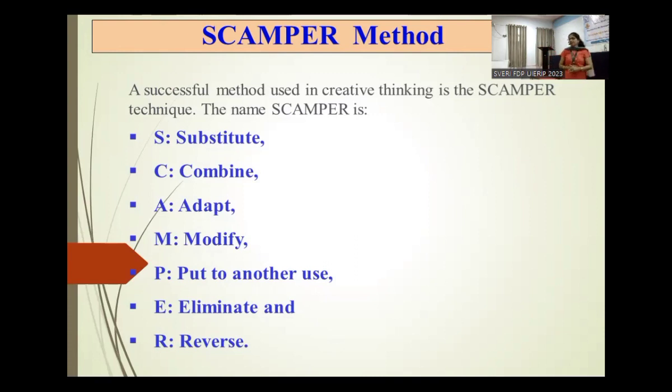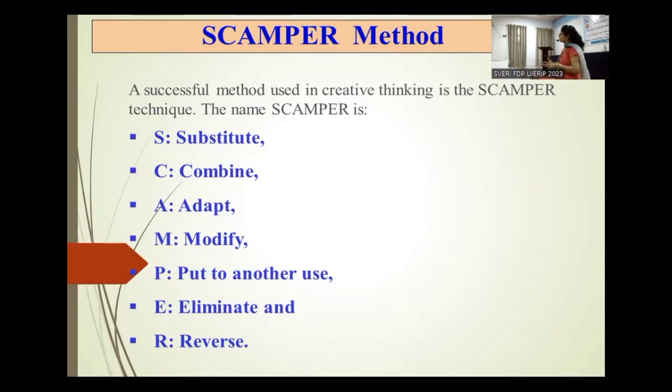Second is combine. Suppose one method, one process is there, and with that process I'm not getting the proper result. And that is the example of our Samsung. Yesterday we took one case study. Samsung, because a mobile phone's first goal is to call, receive calls, do messages, mail, etc. But in that, 2-3 apps were combined together, because in manufacturing, considering eye contact, etc., they have made the screen size wider.